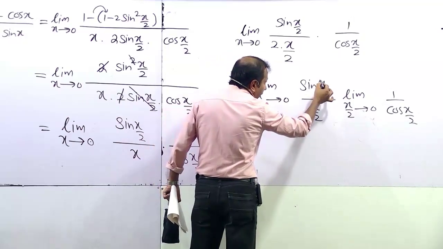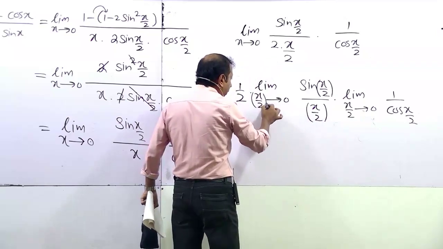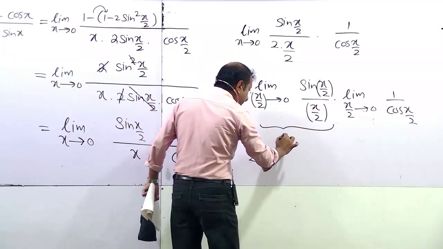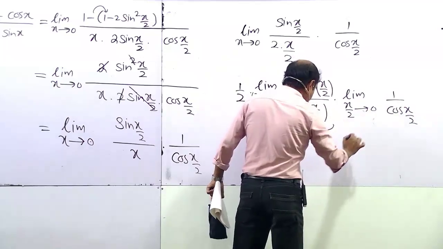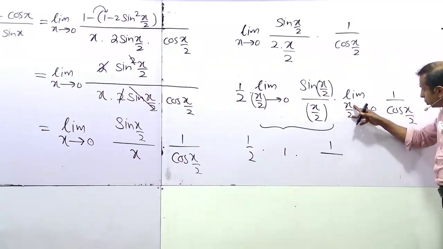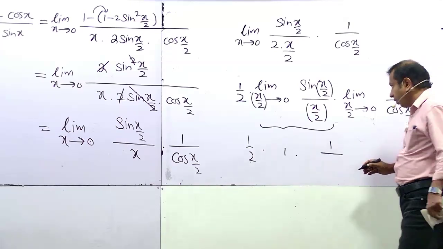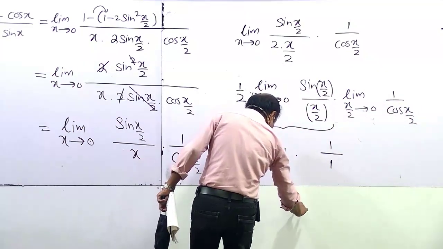The angle x by 2, the same angle, is going to 0. Then by applying that theorem, this is 1. And 1 over cos x by 2: x by 2 going to 0 means cos 0 comes in here. What is cos 0? 1. Then 1 over 1. Then the answer is half. The answer is half.